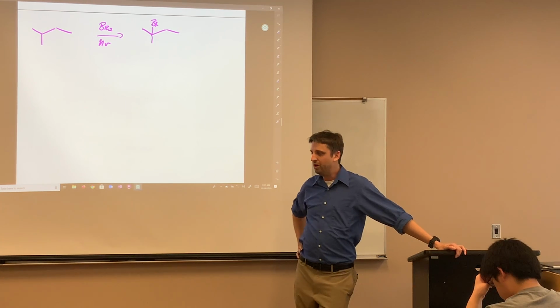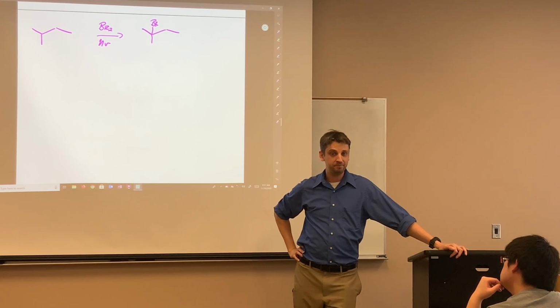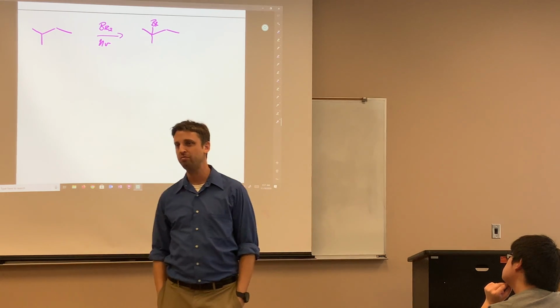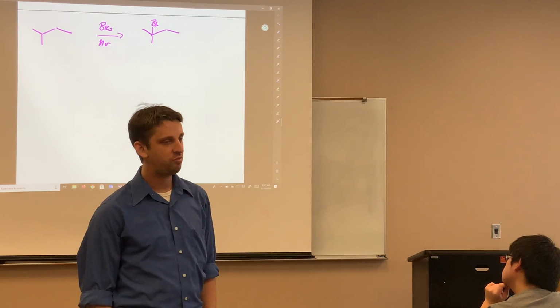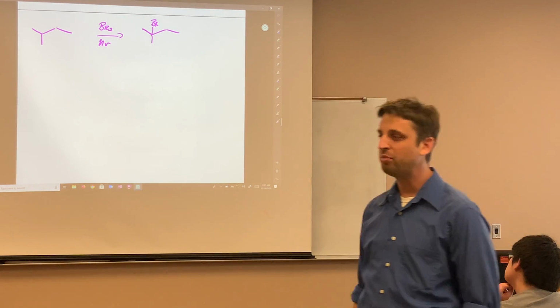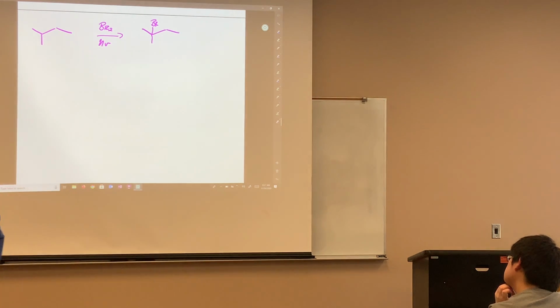Here's caveat number one. That works for bromine. When I do my radical halogenation with bromine, it's relatively well behaved. It'll only add a single bromine. Okay? And life goes on, and we can get what we want.